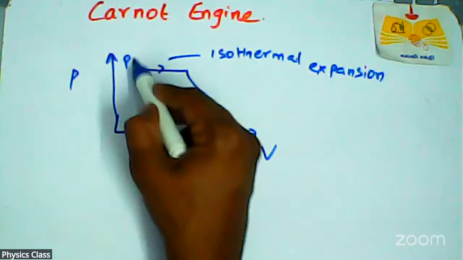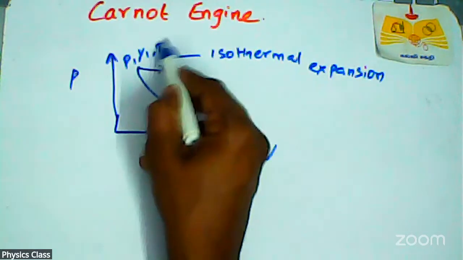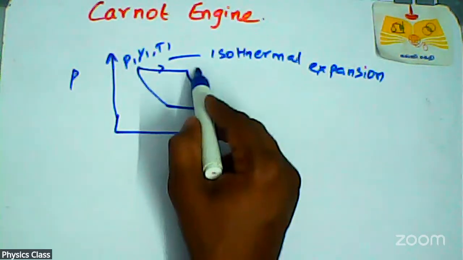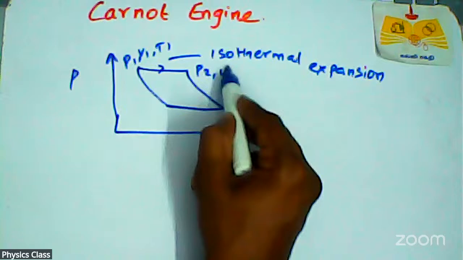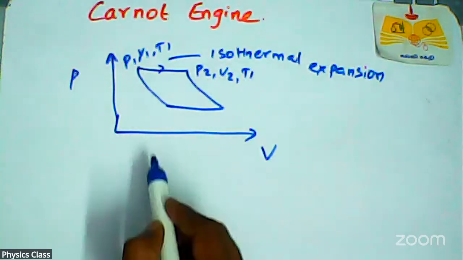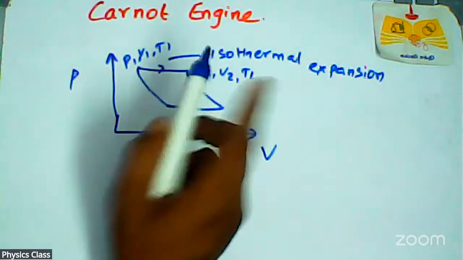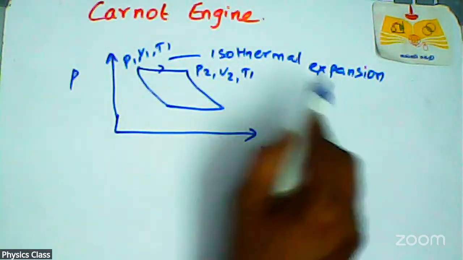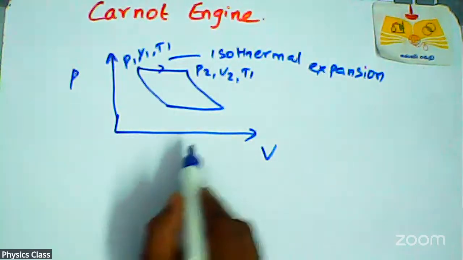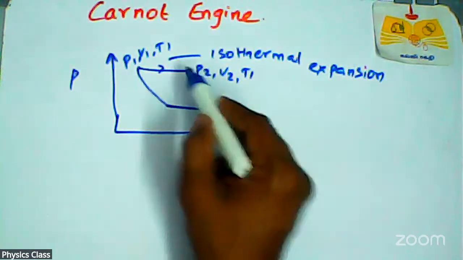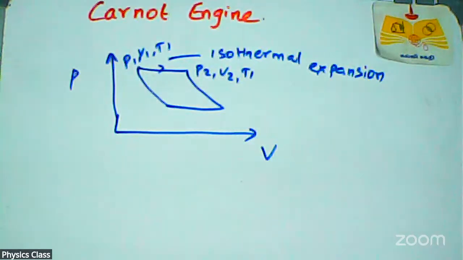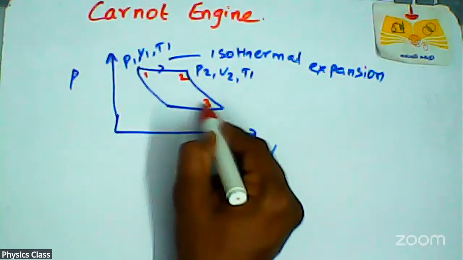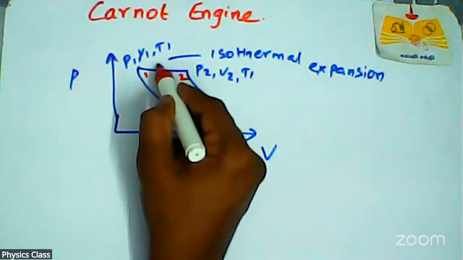So P1, V1, T1 to P2, V2, T1. Temperature does not change, so constant temperature means T1, T1, but the pressure and volume change because of expansion. Then this is the second process. This is first, second, third, fourth, with arrow marks.